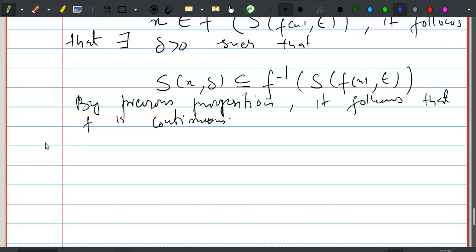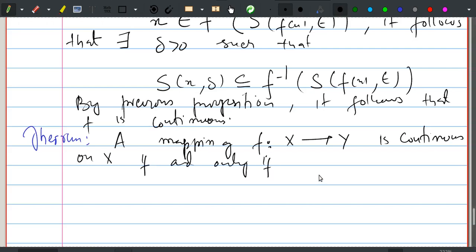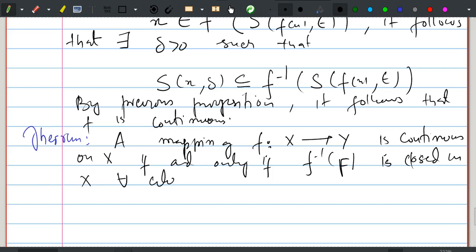So we can mention another theorem here, which states that a mapping f from a metric space X to a metric space Y is continuous on X if and only if the inverse image of every closed set is closed in X, for all closed subsets F of Y. Proof.